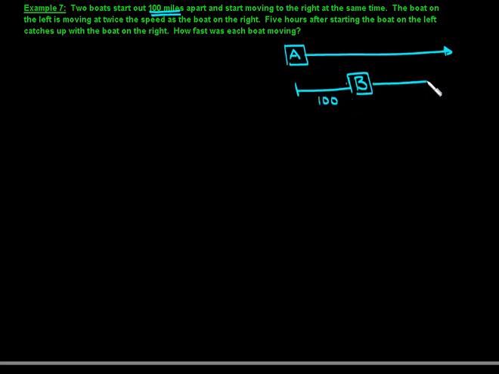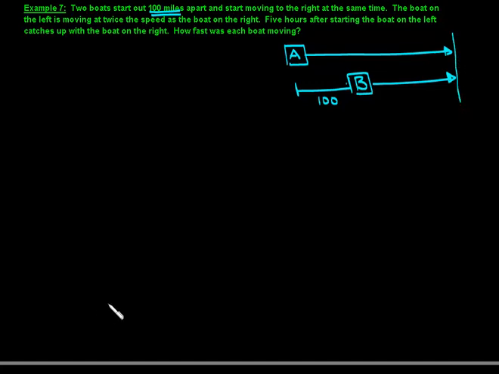And boat B also starts traveling to the right. Now because boat A is going faster than boat B, which one's going faster? The boat on the left is moving at twice the speed as the boat on the right. Five hours after starting on the left, the boat on the left catches up with the boat on the right, so eventually they catch up.